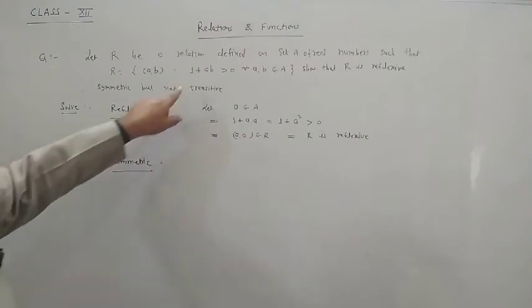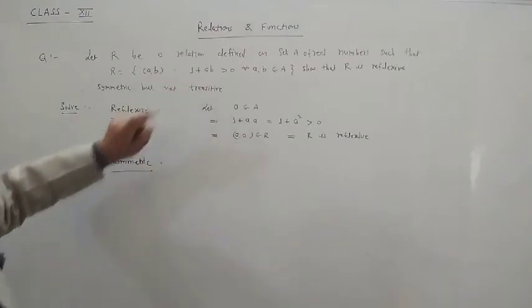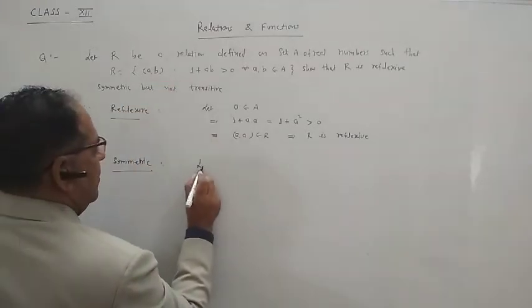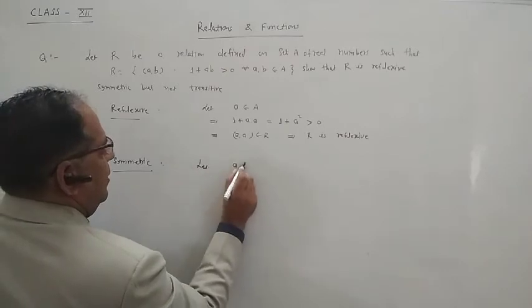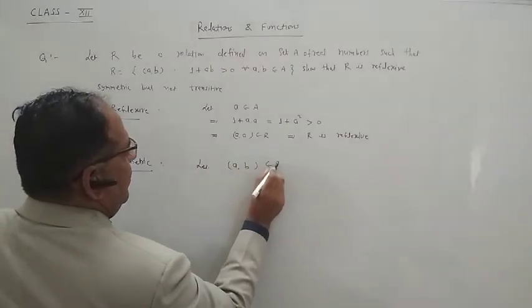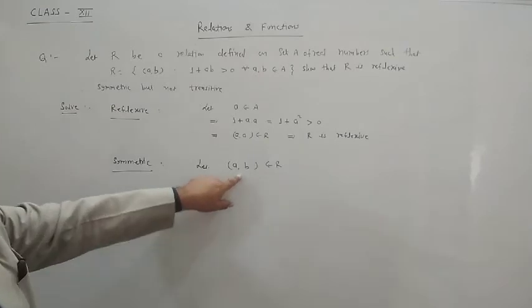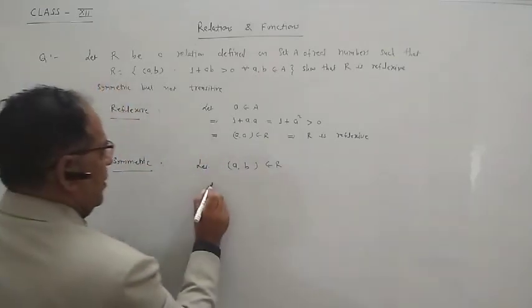Now we check whether the given relation is symmetric or not. Let (a, b) belong to R. This pair is an element of the given relation.